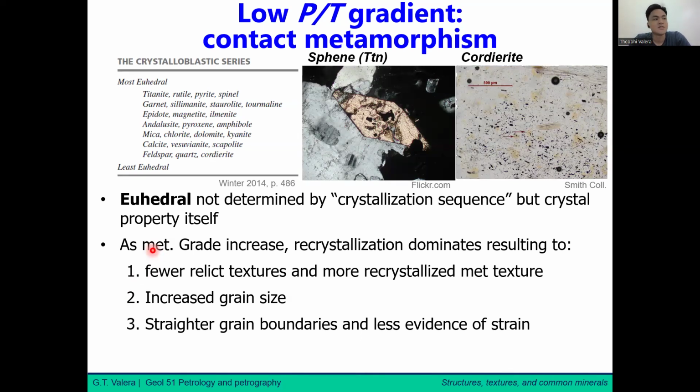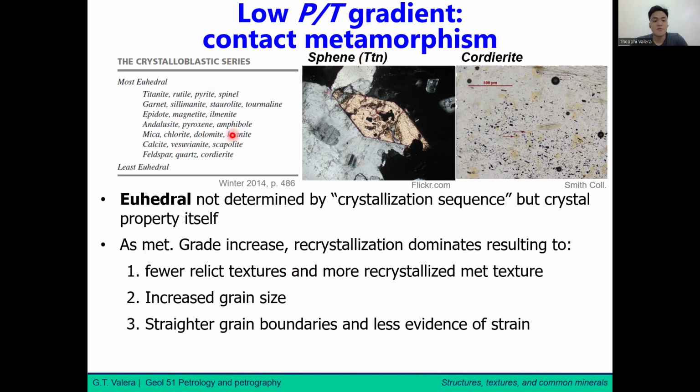This is chapter three, the second half of the chapter. We just discussed the textures associated with contact metamorphism, with its characteristic low pressure, high temperature gradients.